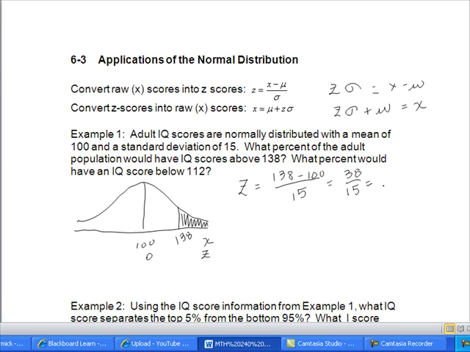So I take 38 divided by 15 and I've got 2.53. Now I go to the table, and it is a positive z-score, 2.53, and I get 0.9943.